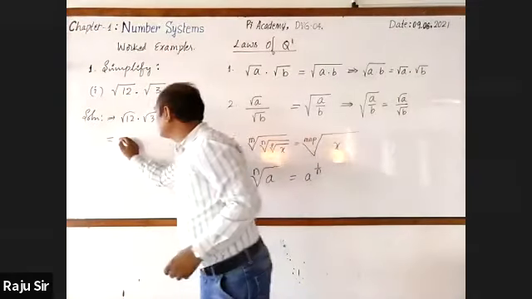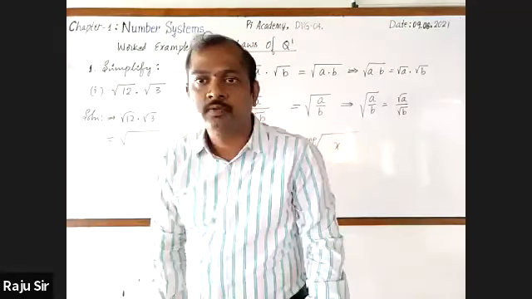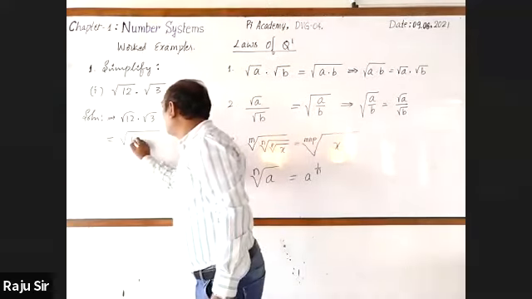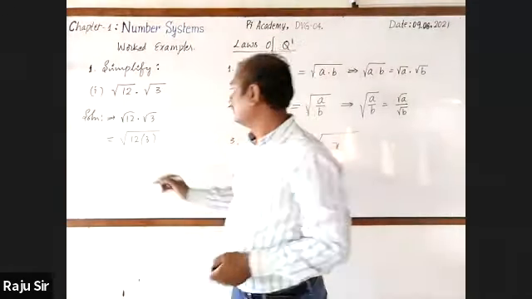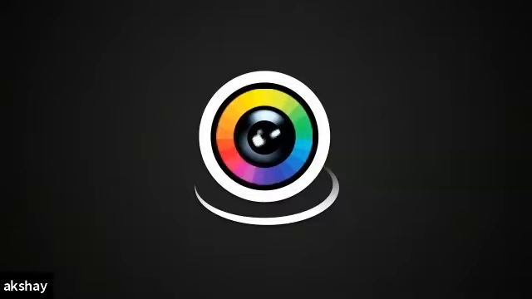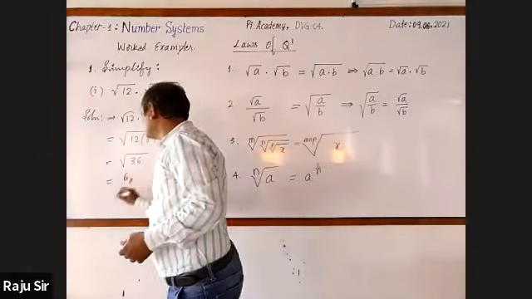This is square root of 12 into 3, that is square root of 36. Square root of 36 is 6. That's all. Such a simple one.